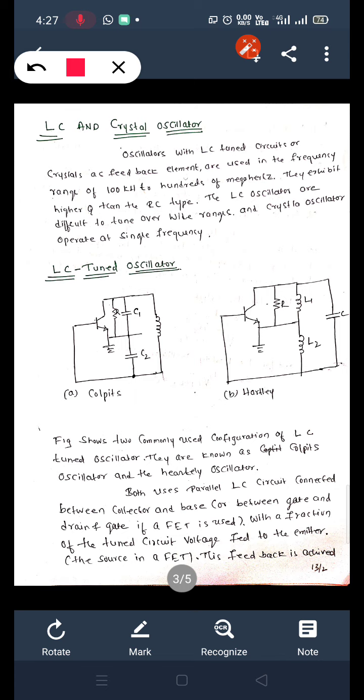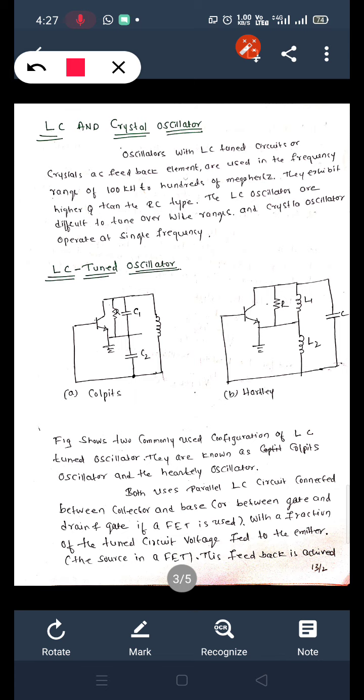This feedback is achieved by way of a capacitive divider in the Colpitts oscillator and by way of an inductive divider in the Hartley oscillator.